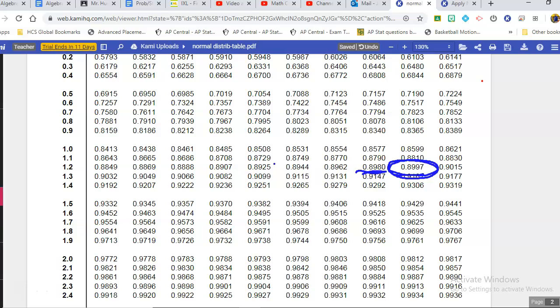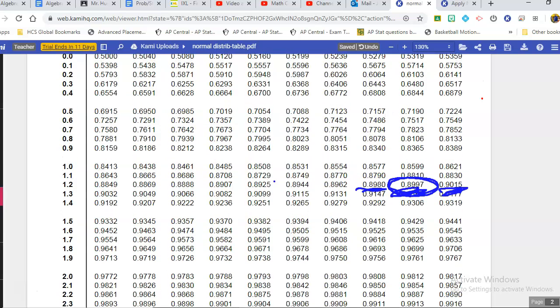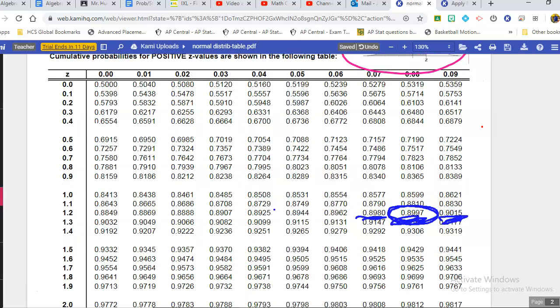Now, you've got 90.15% above, which is still pretty close, but the closest one is just slightly below 90% at 0.8997. So we know that that is the percent we're going for here, or the closest we can get to it. So what we need to do is identify what Z value that is.